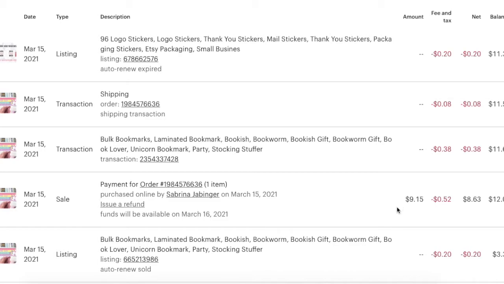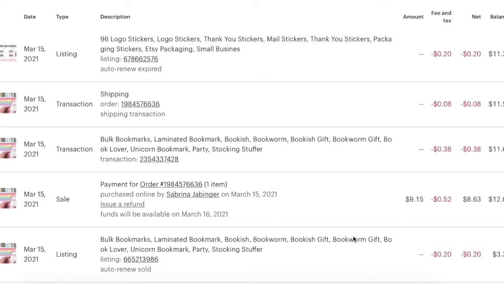In this case it's $9.15, and then you subtract the flat rate, 20 cents, the payment processing fee, and these two transaction fees. Well, this one's shipping and this one's regular transaction. And then the total is going to come out to $7.97 in this case.